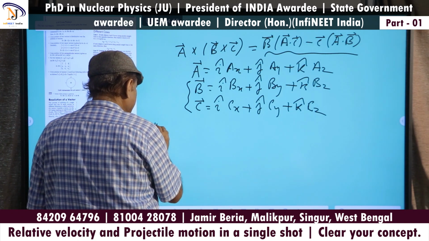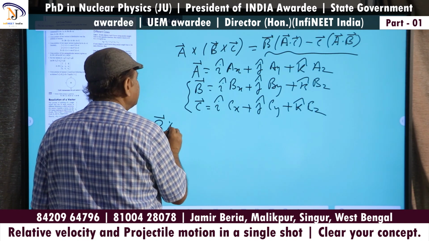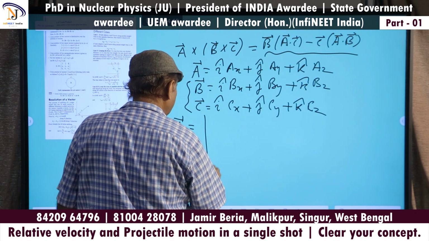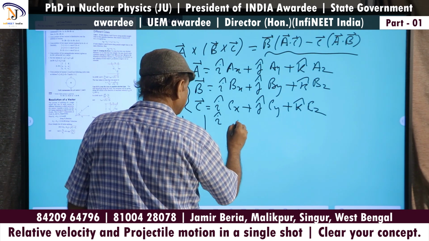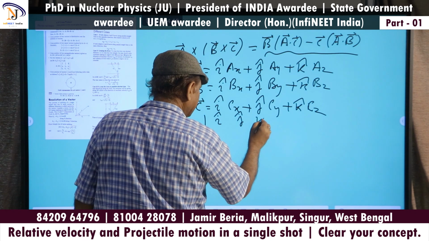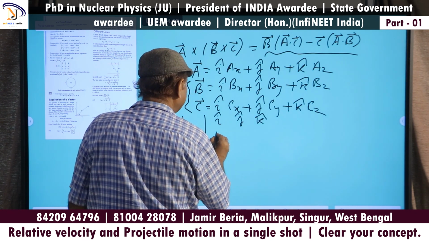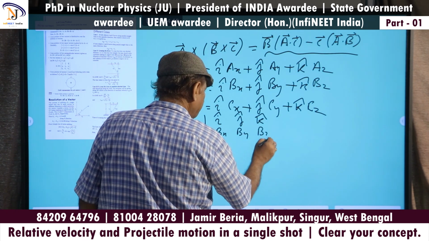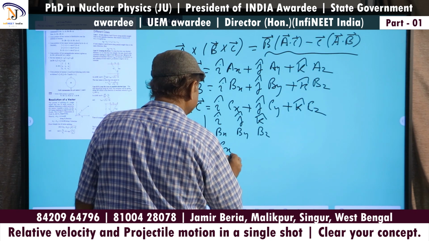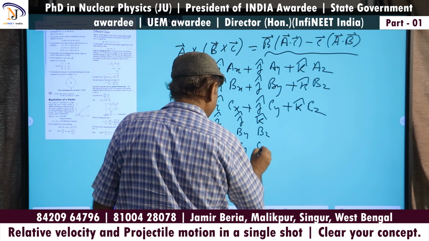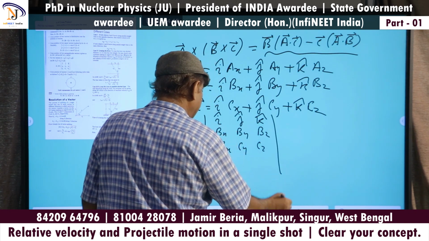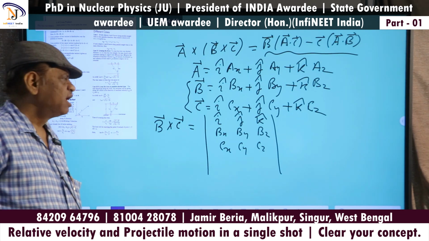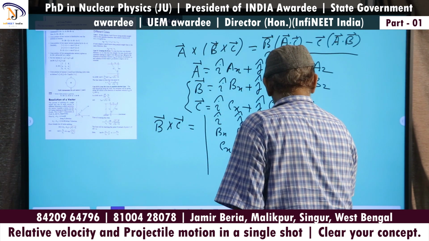This is B cross C. B cross C means here you are able to write I, J, and K, and BX, BY, BZ, CX, CY, CZ. In determinant form, I may write like this, and it is easier for everyone to find the result. What is the result?